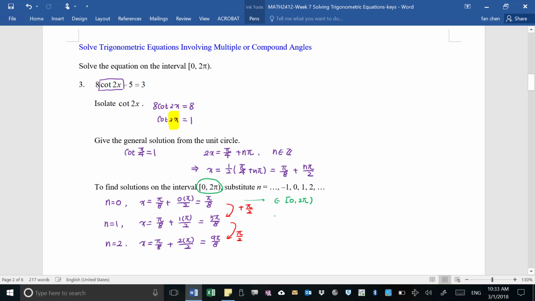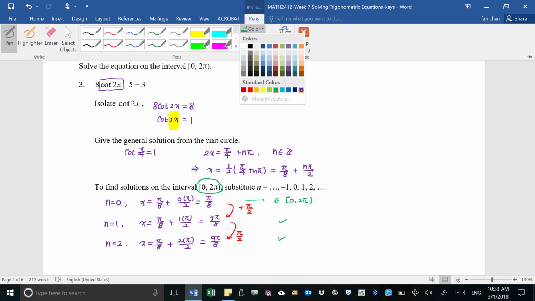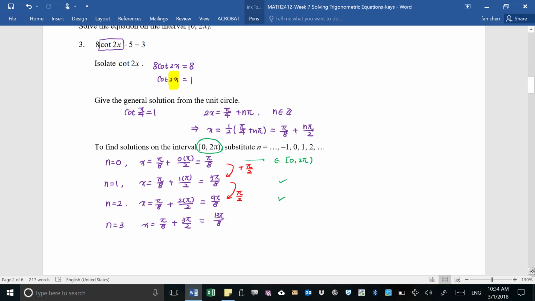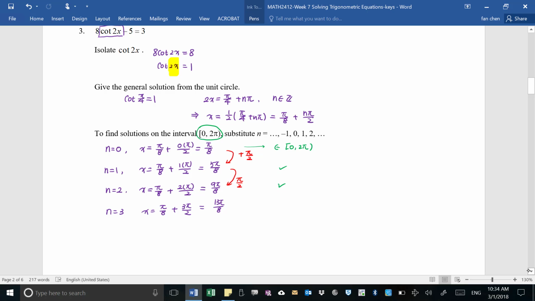So it's a solution. And let's keep adding that. So n equals 3, x is equal to pi/8 plus 3pi/2, that is 13pi/8. Again, 13pi/8 is still less than 2pi, so it's a solution.